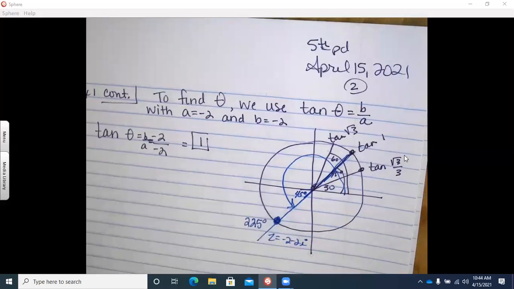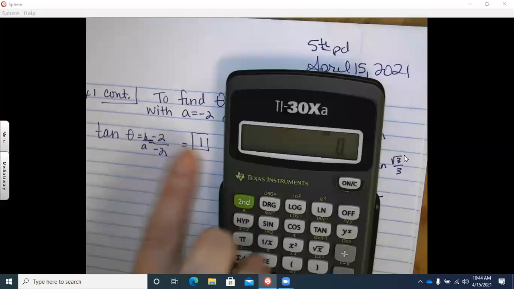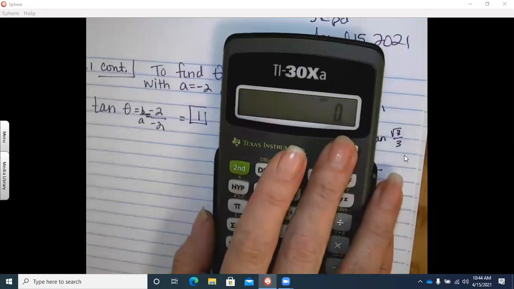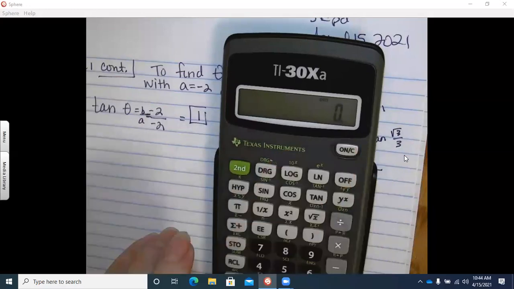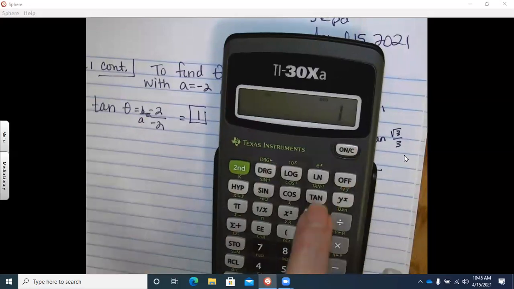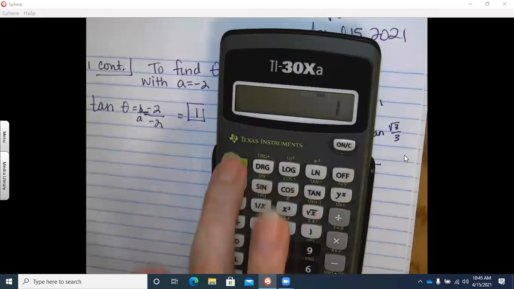Also, what we could do is, in our calculator, if we know the tangent of theta is 1, but we want to know what theta is, how could we do that? If we know the tangent but we want to know the angle, what do we use? Inverse, right? So if I do 1, inverse of tangent, I get 45 degrees.